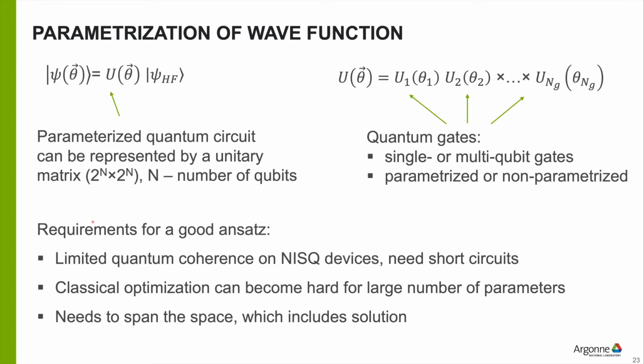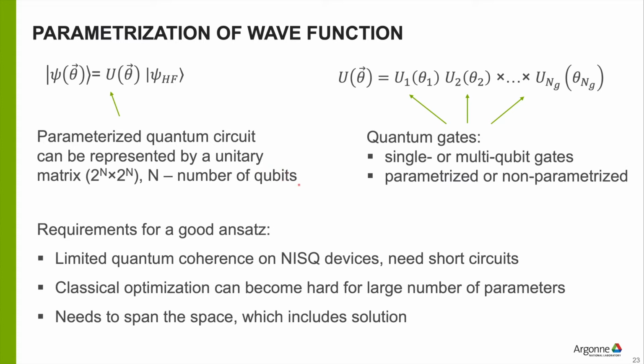So let's talk about the variational ansatzes and how we parameterize the wave function. As I already said, we use some unitary operators to apply to the initial trial Hartree-Fock state. And this can be represented by a unitary matrix of size 2 to the power of n by 2 to the power of n, where n is the number of qubits.